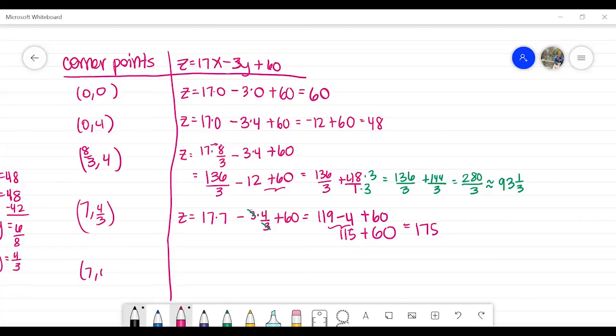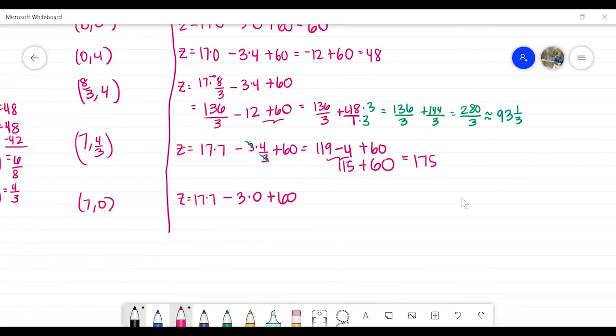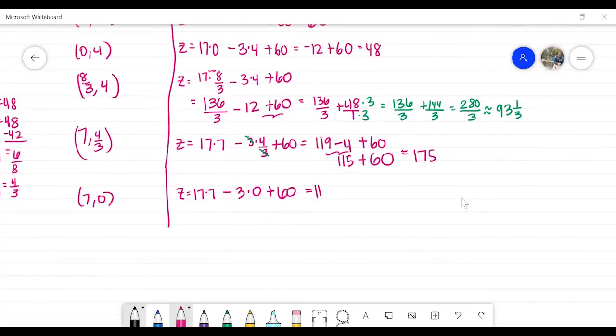Last but not least, 7 and 0. Z is equal to 17 times 7 minus 3 times 0 plus 60. 17 times 7 is, again, 119 plus 60, which is 179. It barely wins.